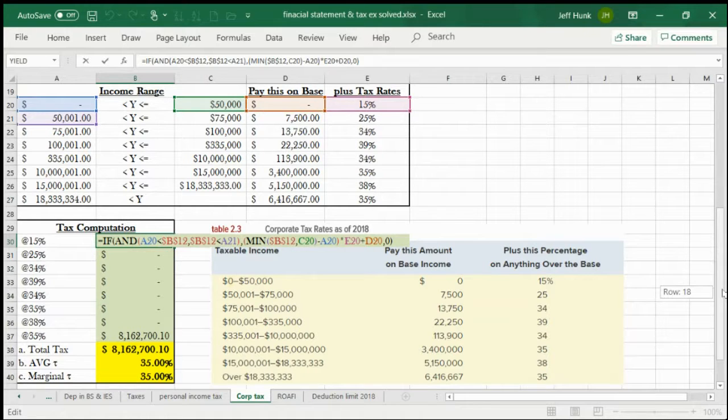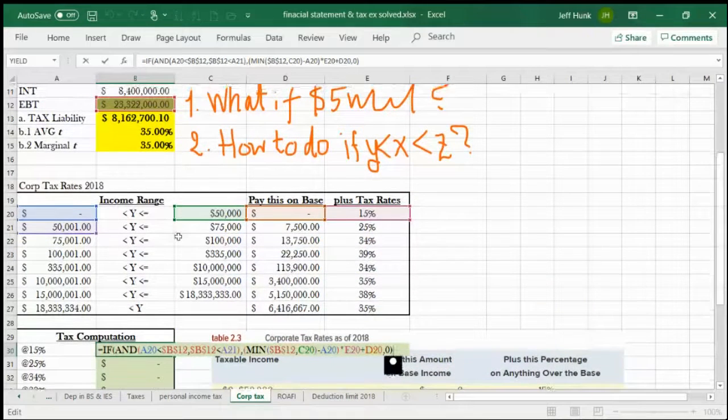If B12 is greater than A20, and at the same time, if B12 is less than A21. Now, why is it A20? Shouldn't it be C20? Um, no.